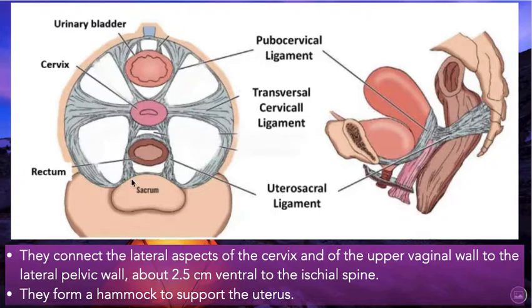They connect the lateral aspect of the cervix and the upper vaginal wall to the lateral pelvic wall over here, about 2.5 centimeters ventral to the ischial spine, and they form a hammock to support the uterus.